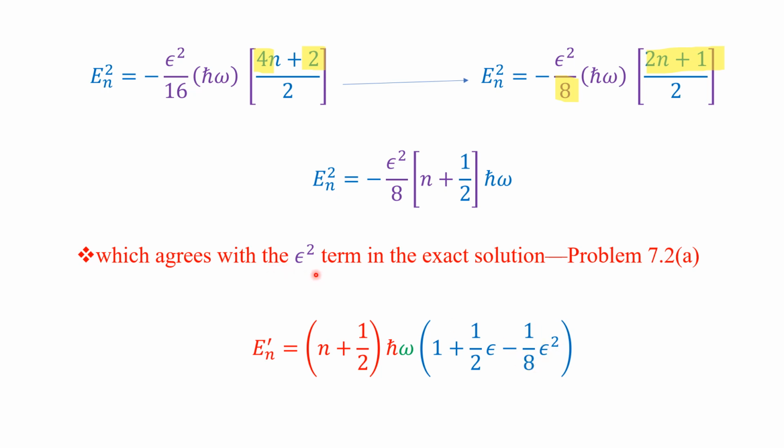If you compare the epsilon squared term, because here we are doing the second order correction, you can see here it is minus 1 by 8 epsilon squared, minus epsilon squared by 8. Of course, this n plus 1 by 2 of h cross omega will come like this. So this is exactly matching with the exact solution of problem 7.2a.